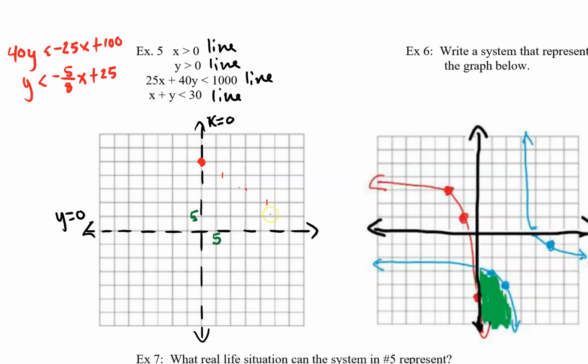And then down 5 and over 8 again would put me about there. And then down 5 over 8, I'd be just off the graph here. So this one is running something like this. These are all dashed lines, and I would be doing something like this. There's that dash line.